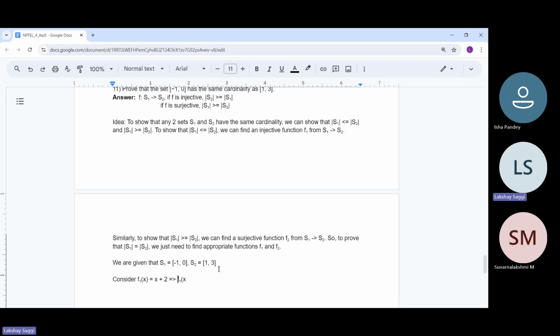First of all, we note that since x lies from -1 to 0, x plus 2 will lie from 1 to 2. X plus 2 will always lie between 1 and 2, and so it will always lie in a part of the codomain. Codomain is from 1 to 3, whereas range is from 1 to 2. So this is definitely a valid function for us. But what we now need to show is that this is injective.